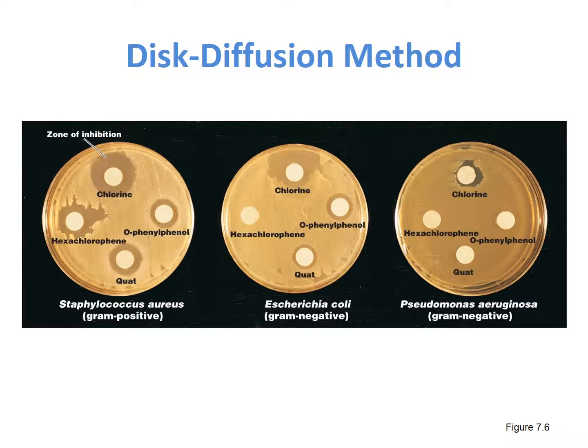During the development of this strain of bacterium, it's picked up several resistance genes that allow it to resist these chemicals. This bacterium is so resistant to some chemicals and disinfectants that it can actually grow in those chemicals. So for example, the quaternary ammonium detergent disc here shows no effectiveness against this bacterium. This bacterium is actually able to grow in that detergent.